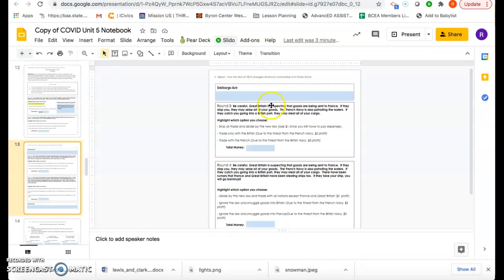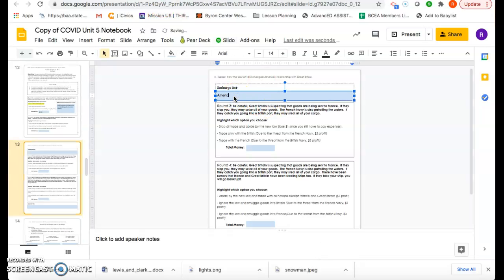So on your notes, America will no longer be allowed to engage in trade with any nation. Since England and France are not protecting our neutrality, we have cut off all trade.